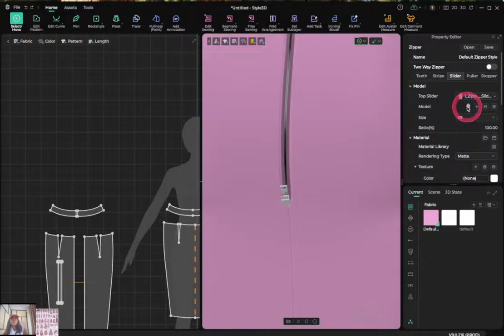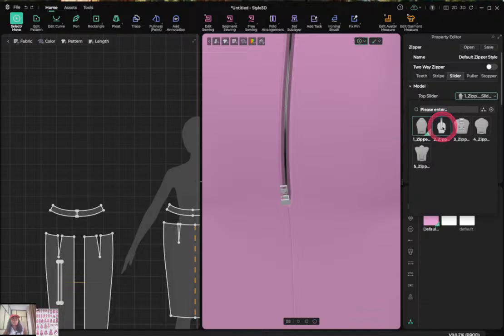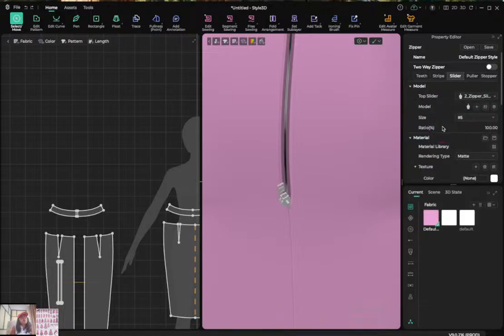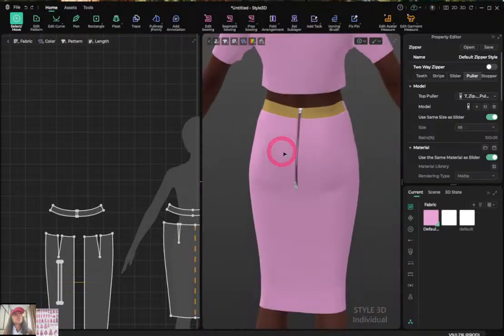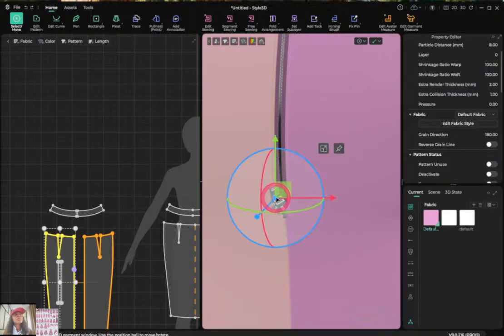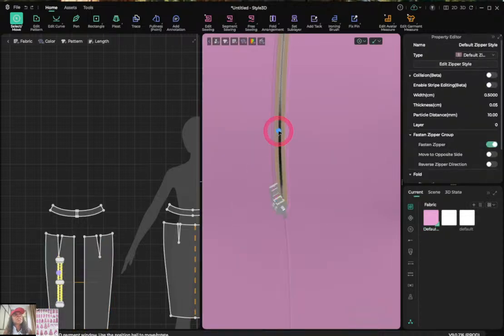So we can choose the model here. Oh, that's ugly. I'm more interested in the puller. But why is it double-sided? I don't want a double-sided zipper.